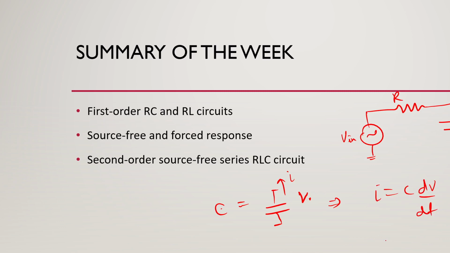Similarly, if you want to write the voltage across it as a function of time, you will write it as equal to 1 over C integral of I dt, with appropriate limits, because you are integrating within some limits. So this will be from t naught to tf. Now suppose I want to find the voltage at tf.